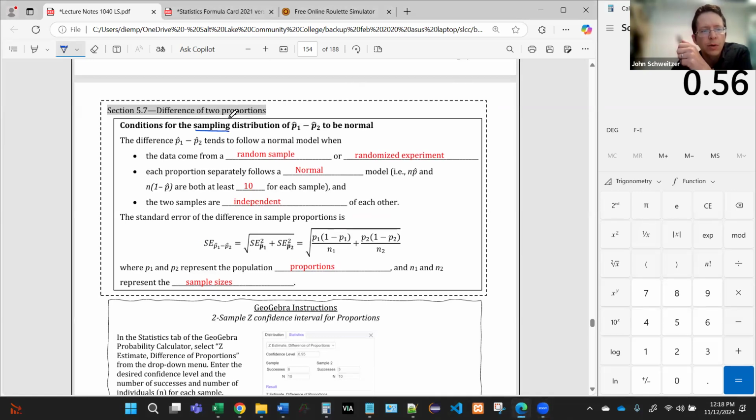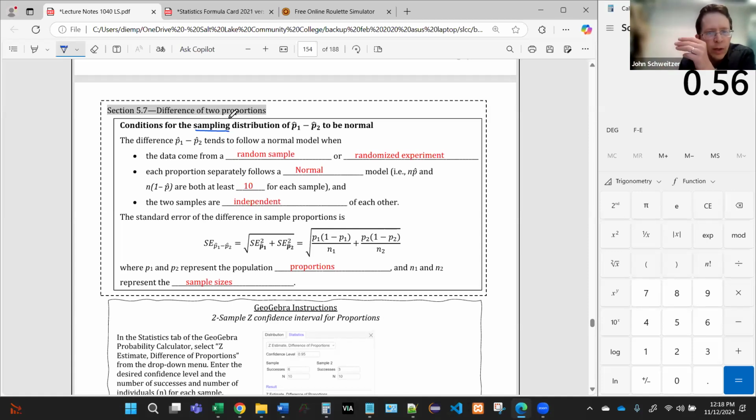Okay, and so in chapter 5, what have we done so far? We've looked at understanding associations between variables, right? Then we looked at probability theory, and now we're going to return to looking at relationships between two variables. Earlier we looked at contingency tables and segmented bar plots, conditional distributions.